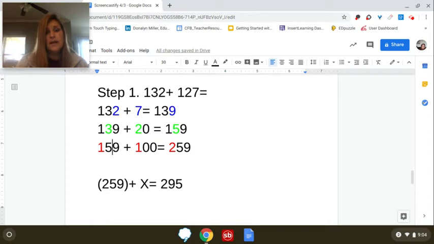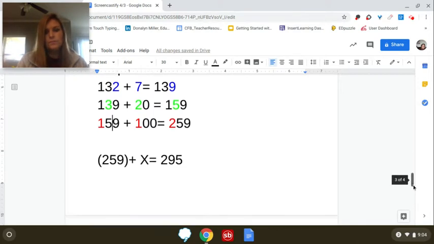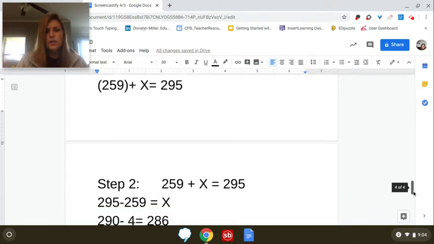The second way is I can take 295, go ahead and subtract my 259, and that will tell me what is here that I can add to 259 to give me 295. Remember, this is a lot like fact families. And you have that in your book that I sent home with you as well that you can use.